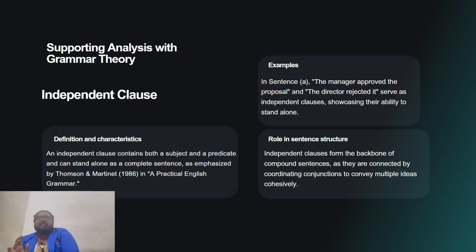Example: in sentence A, "the manager approved the proposal" and "the director rejected it" serve as independent clauses, showcasing their ability to stand alone. Okay, the role in sentence structure: independent clauses form the backbone of compound sentences, as they are connected by coordinating conjunctions to convey multiple ideas cohesively.